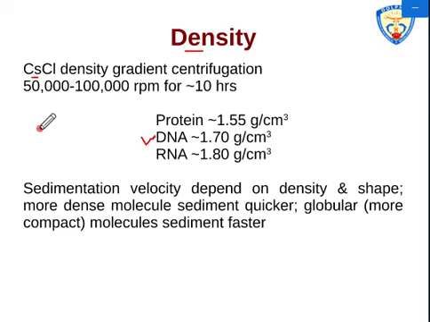Meselson and Stahl invented isopycnic centrifugation, which is a type of density gradient centrifugation using cesium chloride. How much centrifugal force is used? At least 50,000 RPM, so 50,000 to 100,000 RPM, and the sample is centrifuged for at least 10 hours. If you centrifuge a sample at very high speed for about 10 to 12 hours, you can separate the sample according to their density as various bands in the centrifuge tube.